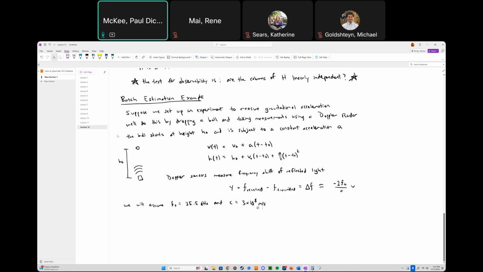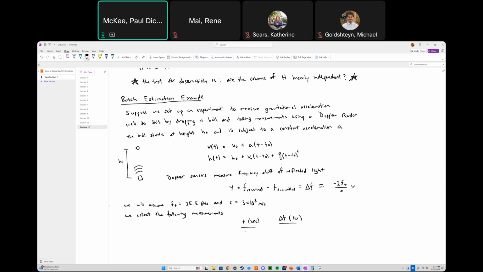Right. And here comes the data table. We collect the following measurements. So we've got time in seconds, and we've got delta frequency, which is measured in hertz.